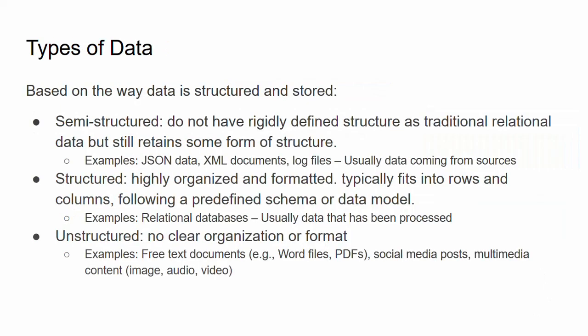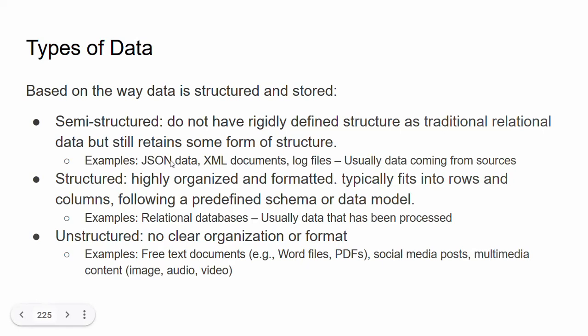Now, when you have the hierarchical database, the network database, and the relational database, you can consider how data are structured. When data comes in as hierarchical data, it's semi-structured. We call it semi-structured. It doesn't have a rigidly defined structure like a traditional relational database, but still retains some form of structure. For example, JSON data.